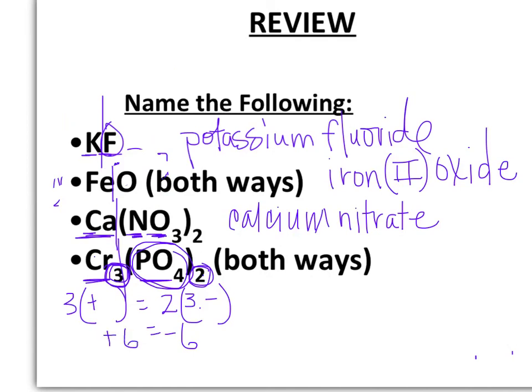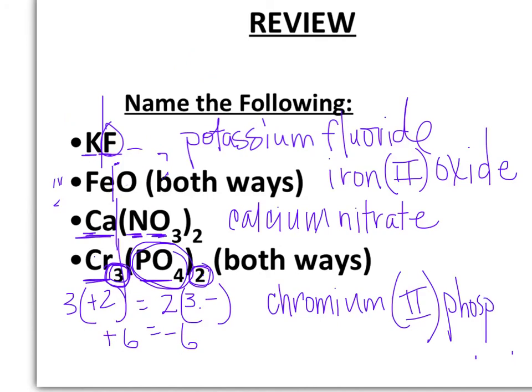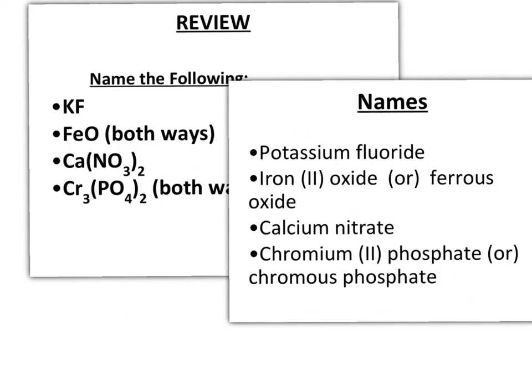So what must the charge of the chromium be? That's right, 2. So it is chromium 2 phosphate. Okay, oh, and I didn't do it, but the USIC method, you would look that up on your gold sheet. So that is how we name ions.